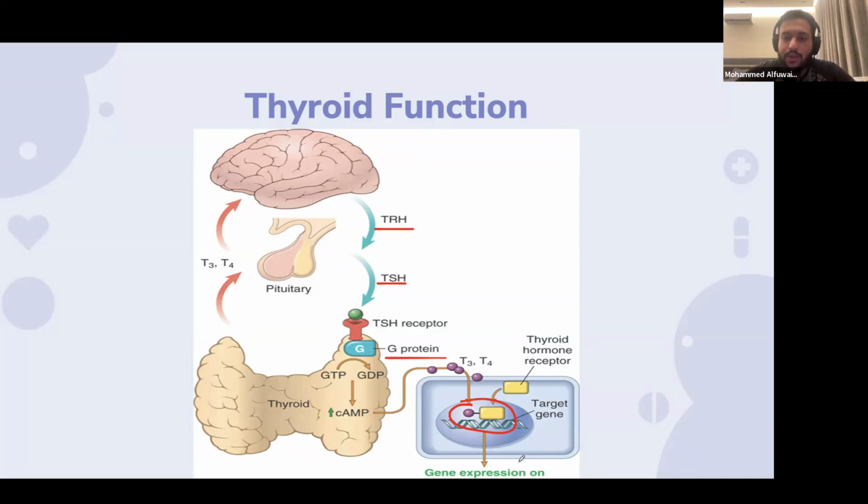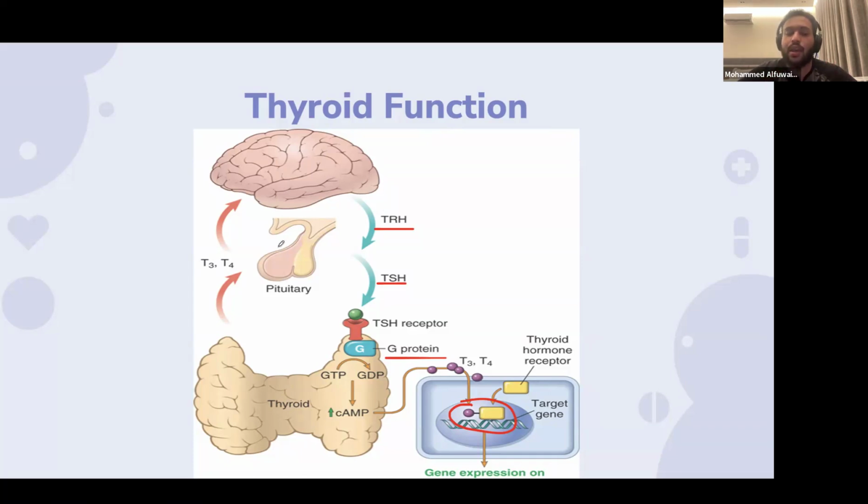Now for the pathologies, what happens with the thyroid just relates to this axis. So just normal physiology: once you have T3 and T4 that's elevated, it will suppress TSH and TRH. Now, if you have a defect in the thyroid itself, is this a primary, secondary, or tertiary defect? Primary defect.